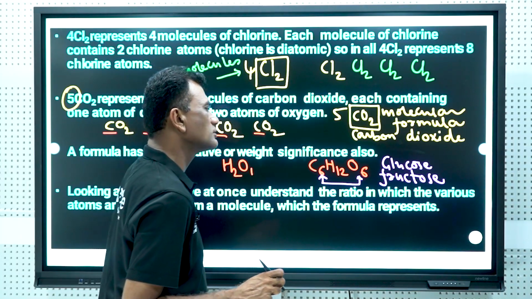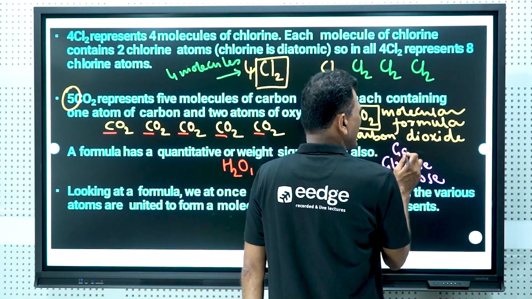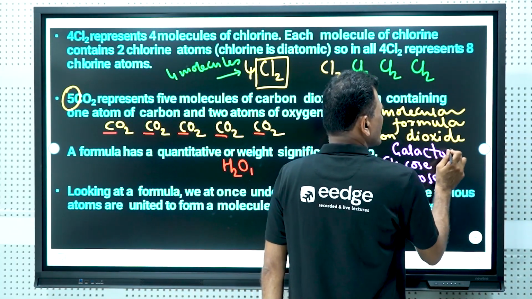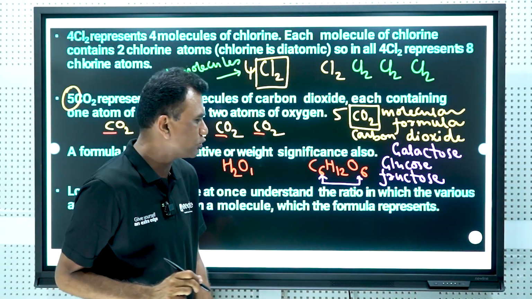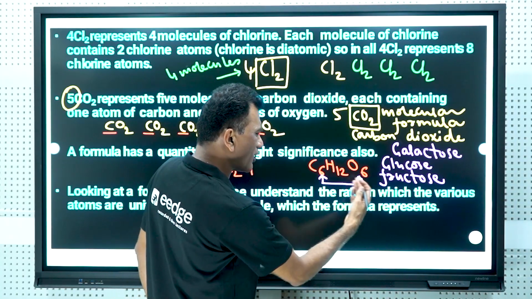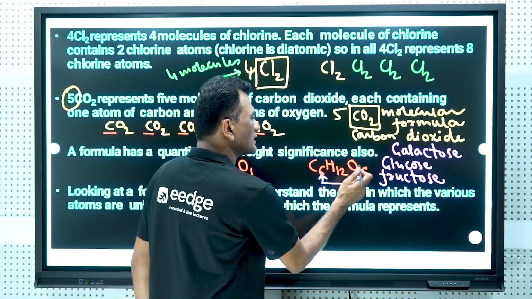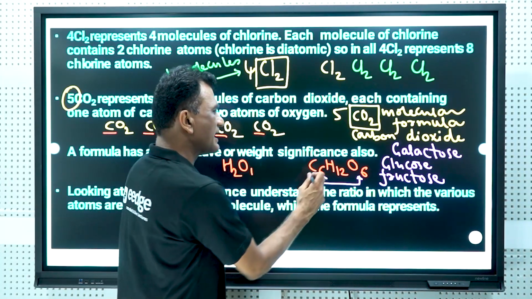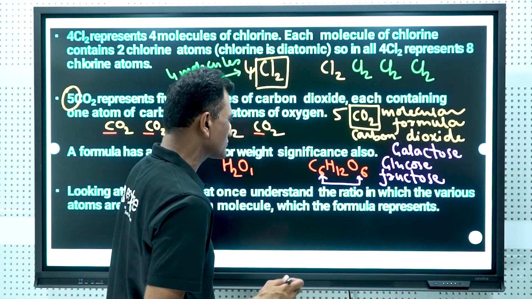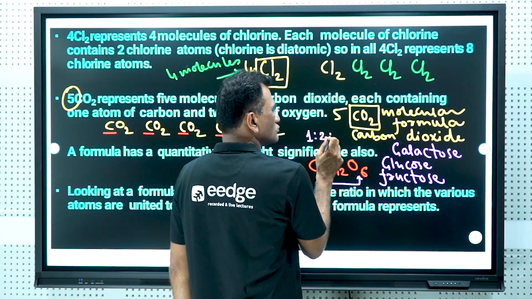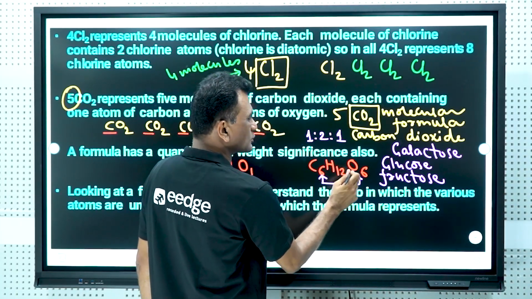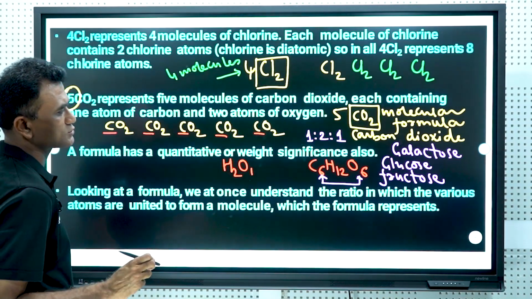So glucose, fructose and galactose, these are 3 sugars having the same formula, C6H12O6. So seeing the formula, you can say we have an equal number of carbon and oxygen atoms and we have twice the number of hydrogen atoms. So if someone asks you the ratio, it is 1:2:1. 6:12:6 is 1:2:1, right?